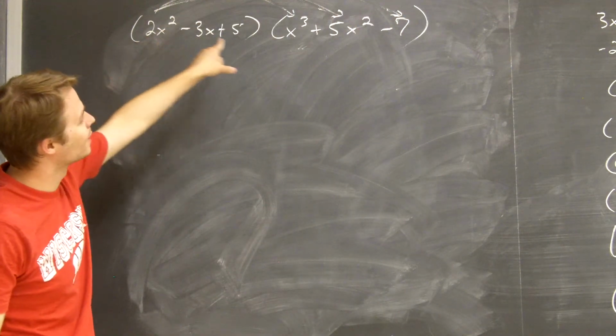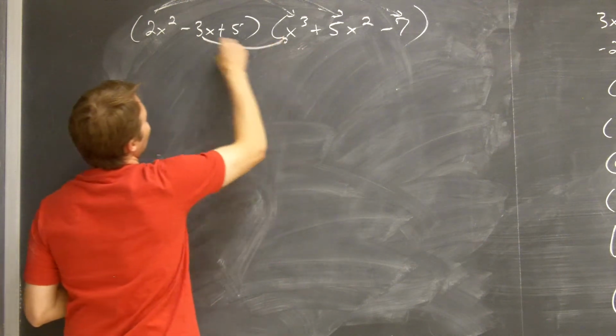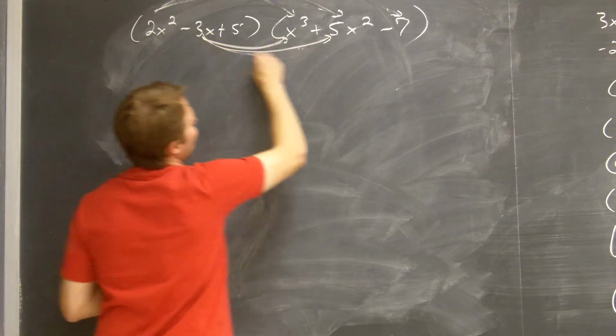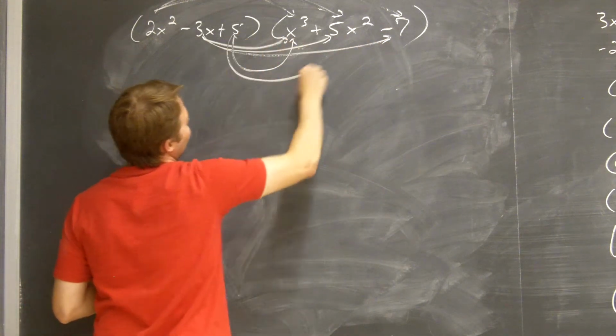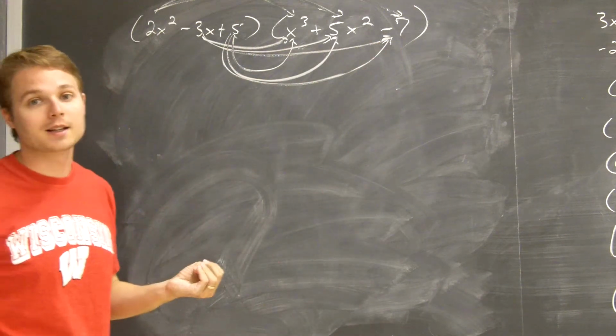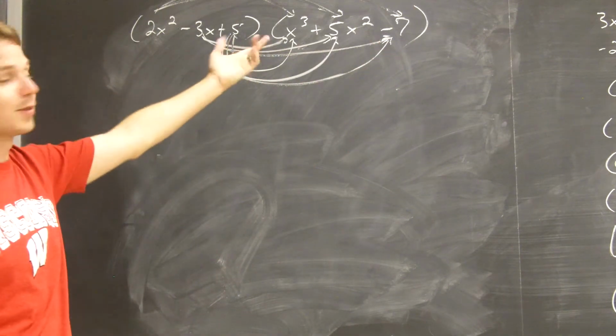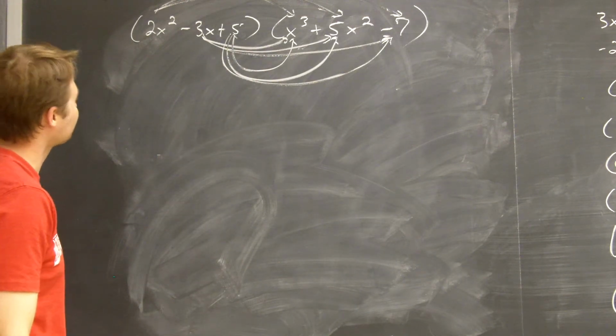So the 2x squared gets multiplied by all 3 of these terms. Likewise, the negative 3x is going to get multiplied by all 3 of these terms. And then the 5 also is going to get multiplied by all 3 of these terms. So you can see where 9 comes in. We have 3 things times 3 other things. We'll get 9 terms whenever we finish here.